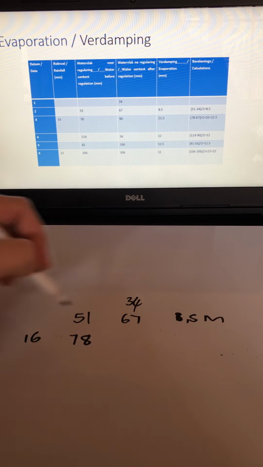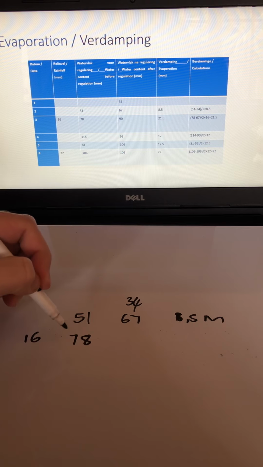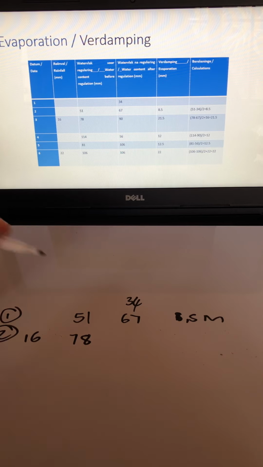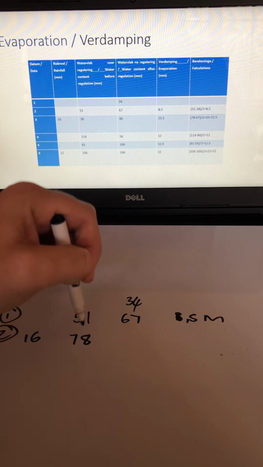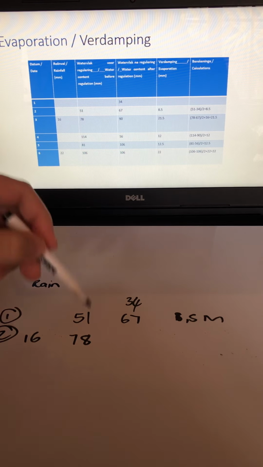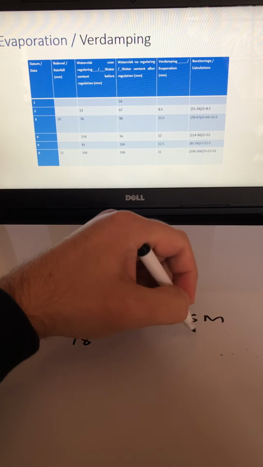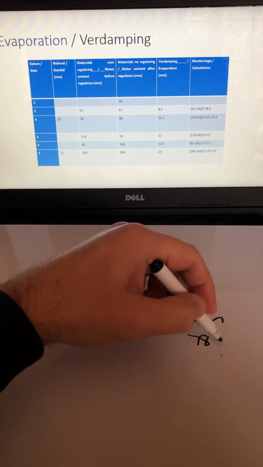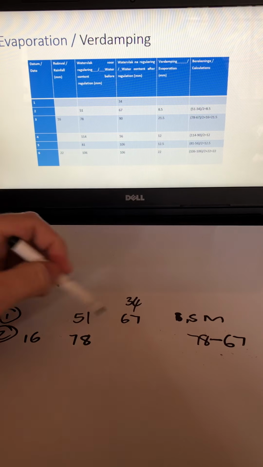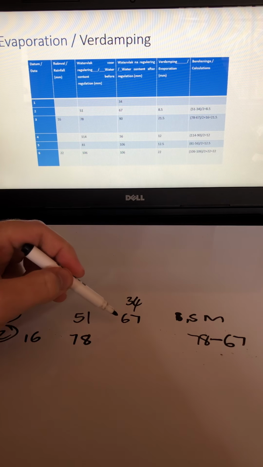And so the amount of evaporation that occurred in this day, so if this was the first example we did, this is number 2, you'll take that 78 and say minus this previous measurement, which was that 67.